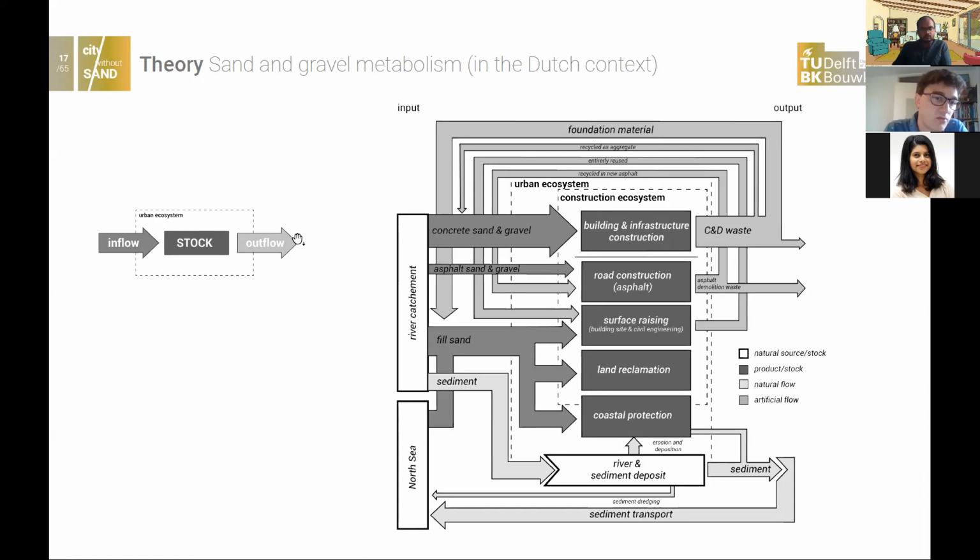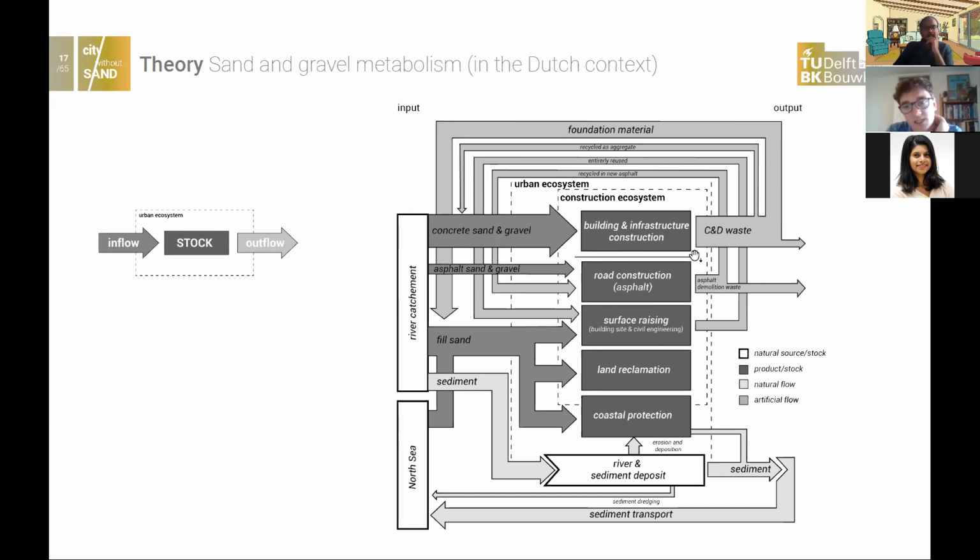generate energy out of it, and eventually, let's continue. You can also just translate this to the urban ecosystem for sand and gravel. So you have certain stocks where it's used, so buildings, roads, lands, and when you build something, you use concrete, sand, and gravel in order to build it, which originates from the river catchment.